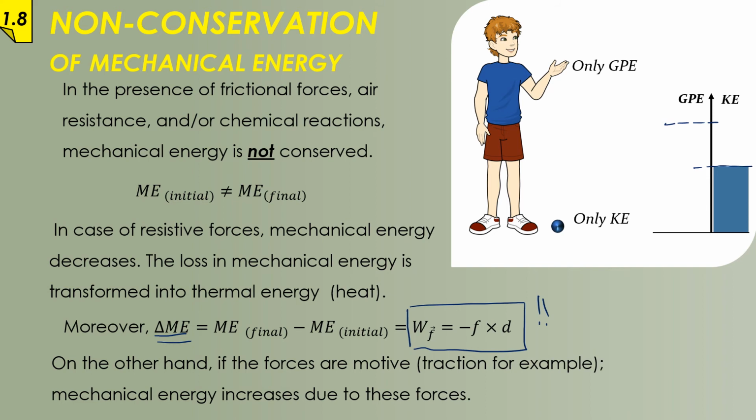The work done by frictional forces takes that energy, applies some F times D, and that energy is transformed to the inner part of the system as internal energy. In this scenario, mechanical energy decreases. On the other hand, internal energy increases.